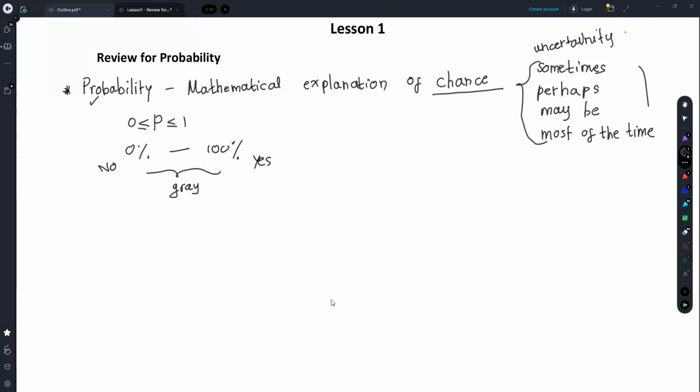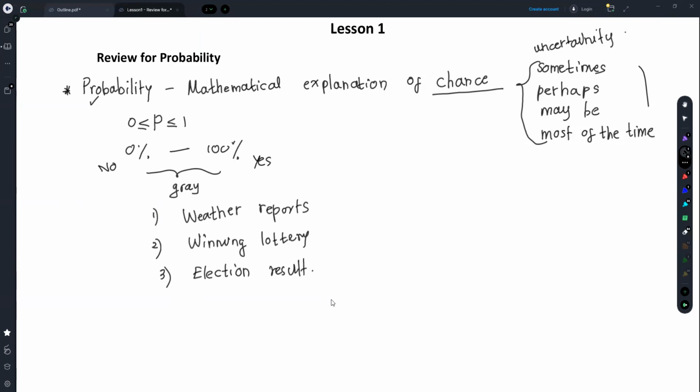So if you look at examples, probabilities are used in weather reports, winning lotteries, election results, right? You see these things.